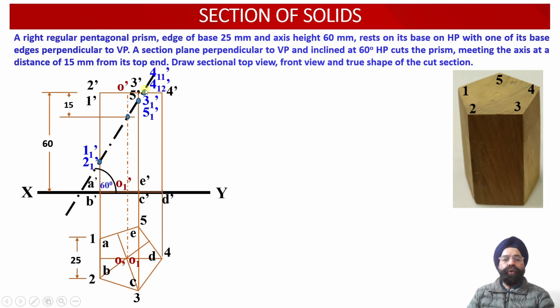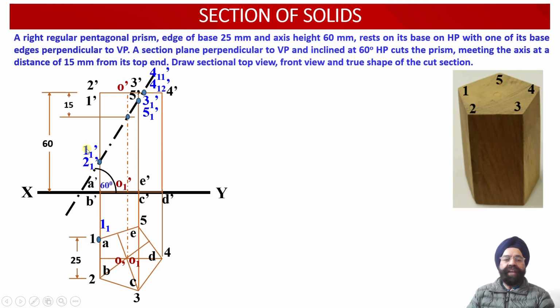The edge 4 dash, 5 dash of the top face of this pentagonal prism has been cut by this cutting plane at the point 4 1 2 dash over here. So these are 6 points of intersection which we have obtained corresponding to this auxiliary inclined plane cutting this pentagonal prism. Now let us obtain these points of intersection in the top view projections over here.